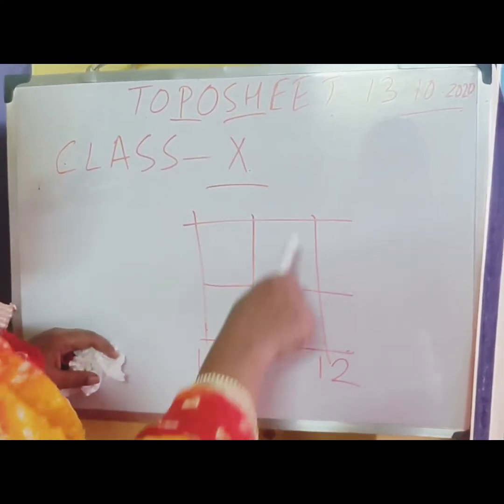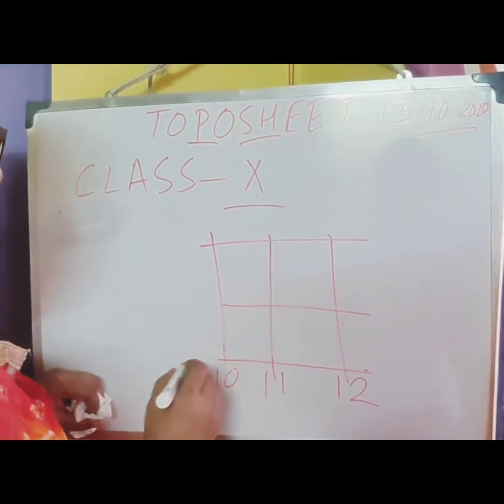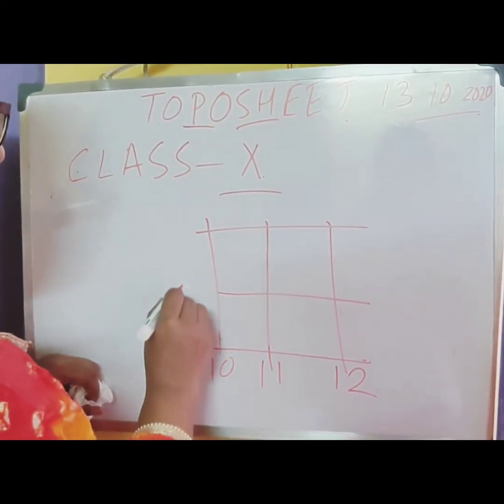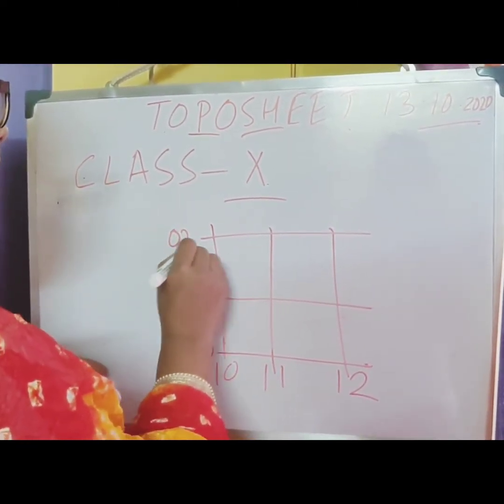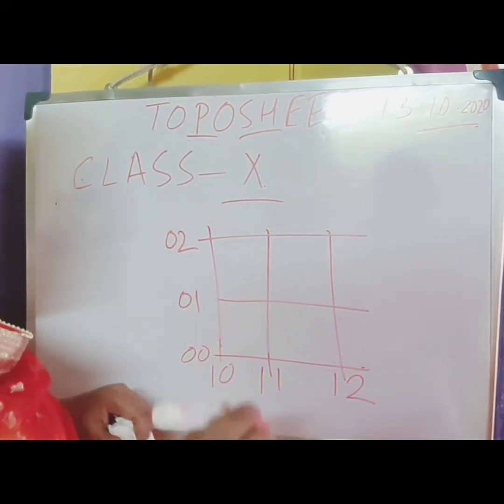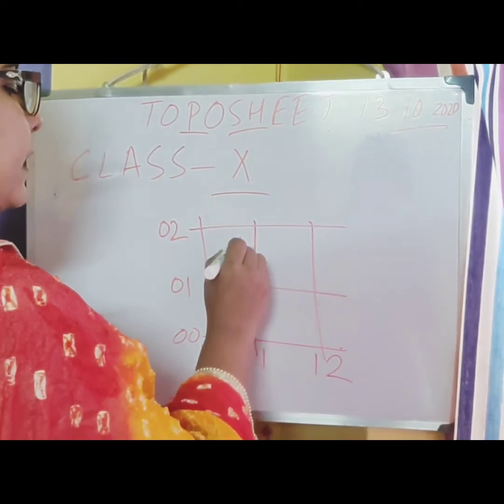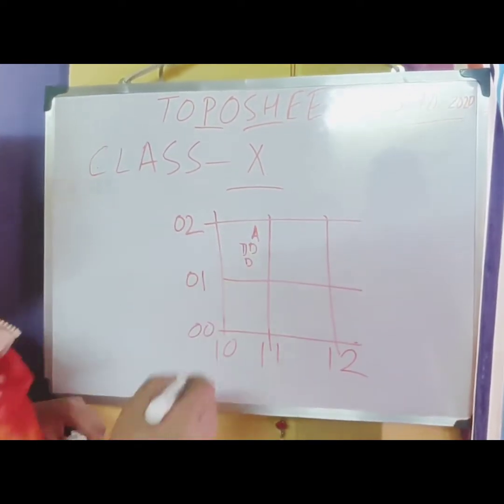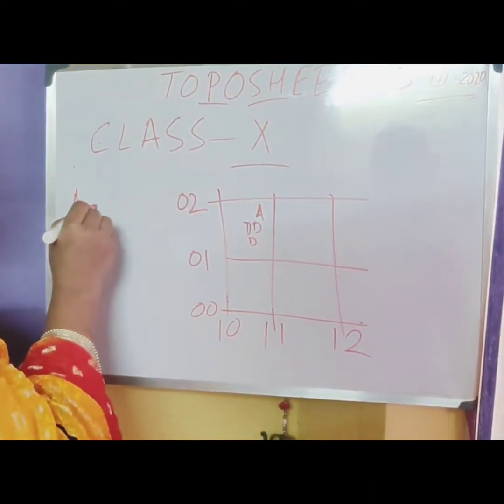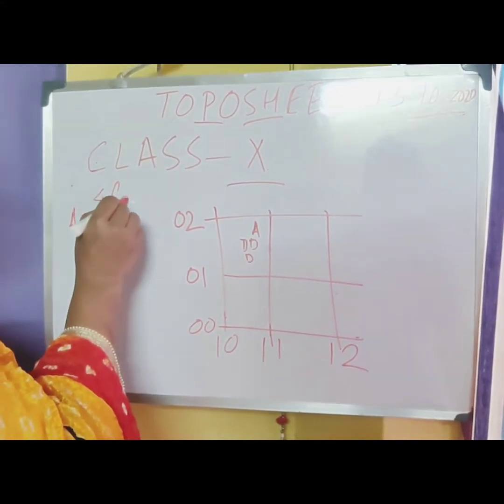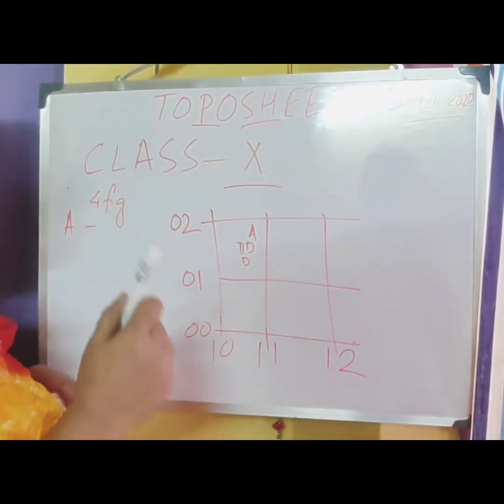The vertical lines are the eastings, and the horizontal lines are the northings. For example, there is a settlement at the village A. So you can get a question, give the 4-figure grid reference of the settlement at A.